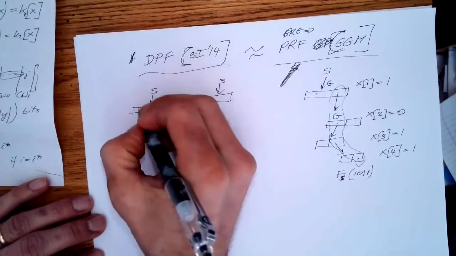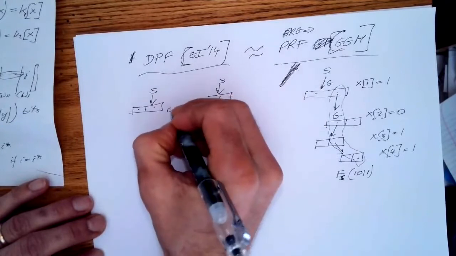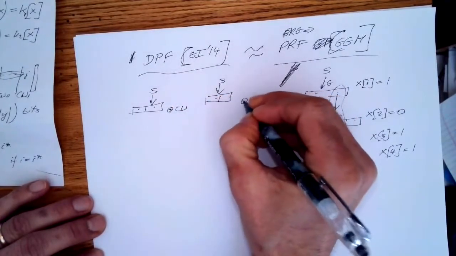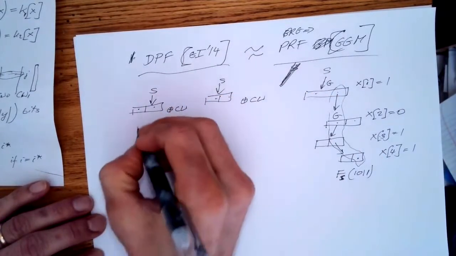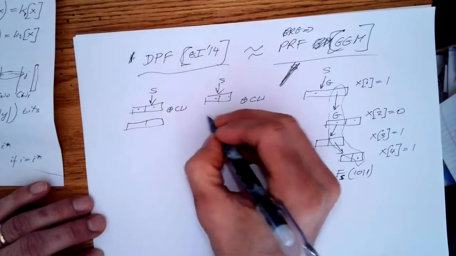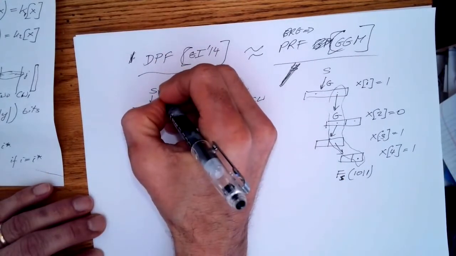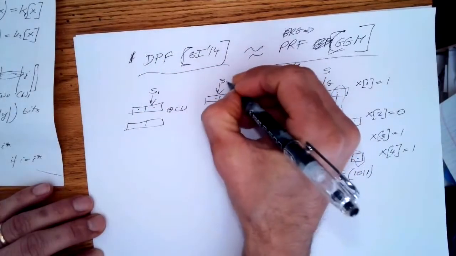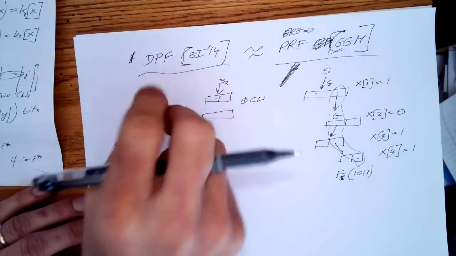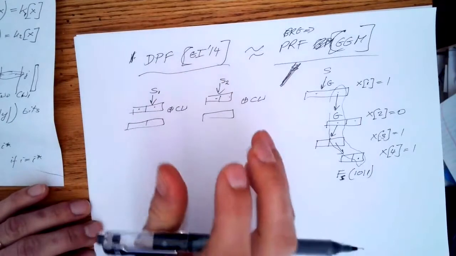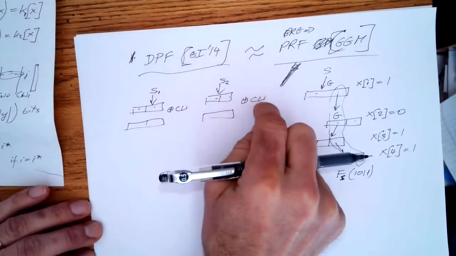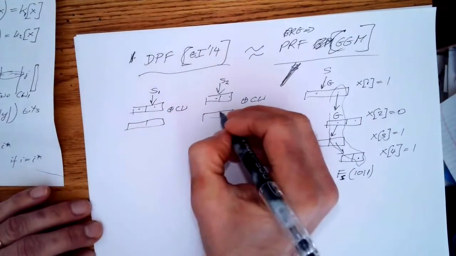And then they apply these corrections such that the resulting values have, so they start with different seeds. So this is S1 and this is S2. And they start from two completely random seeds.